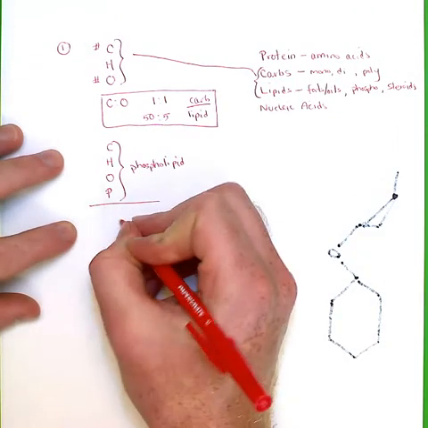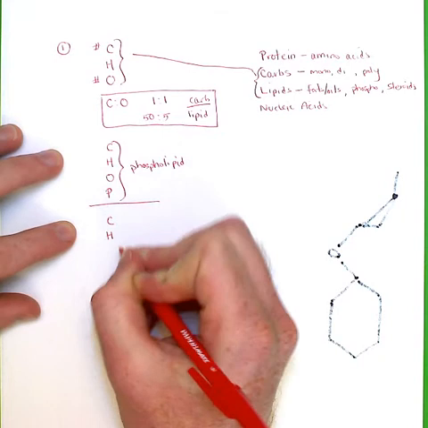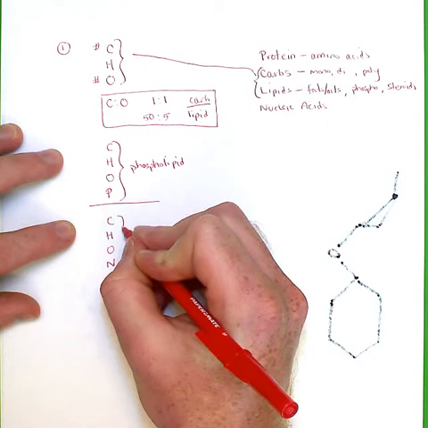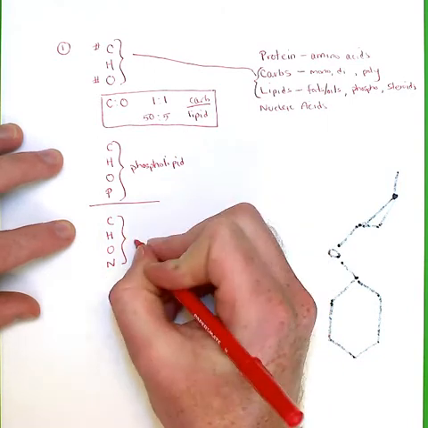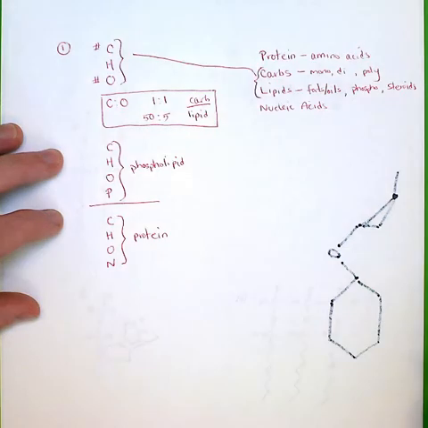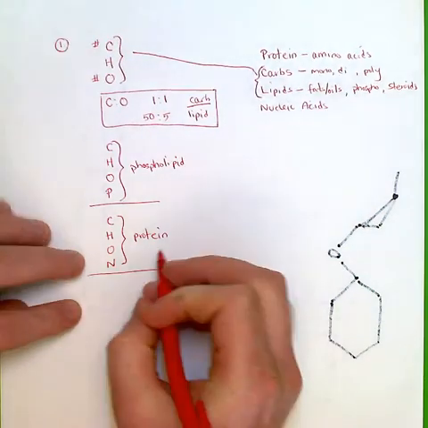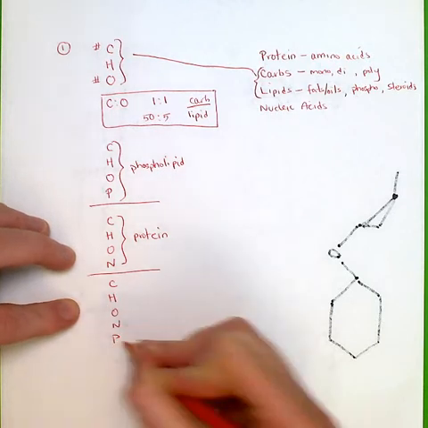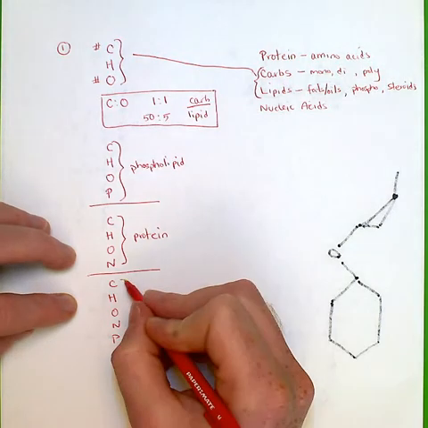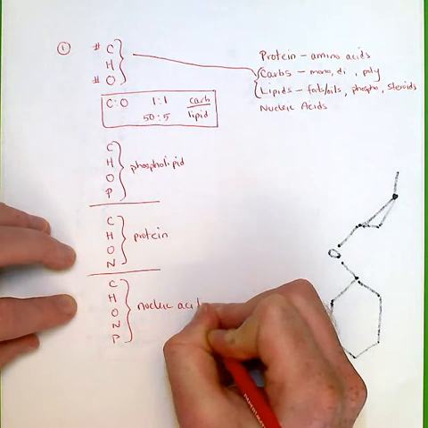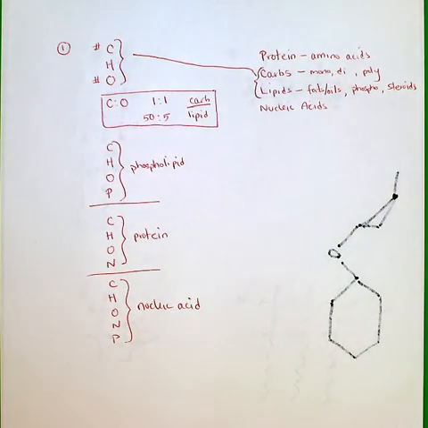If you have carbon, hydrogen, oxygen, nitrogen, that tells you that you have a protein. And if you have a carbon, a hydrogen, an oxygen, a nitrogen, and a phosphorus, that tells you that you have a nucleic acid. Okay, so this is going to be the foundation.